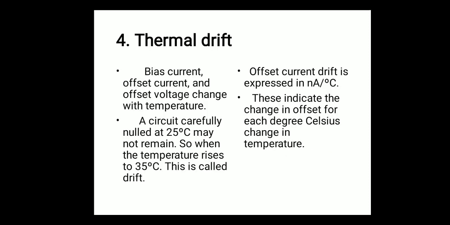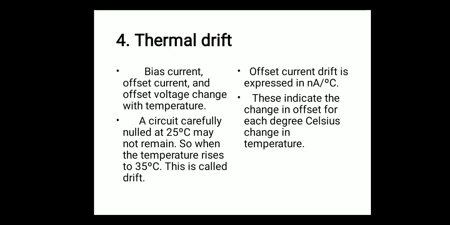The final one is the thermal drift. Bias current and offset voltage change with temperature. Any circuit nullified at 25 degrees Celsius may not remain so when the temperature rises to 35 degrees centigrade. This is called thermal drift.